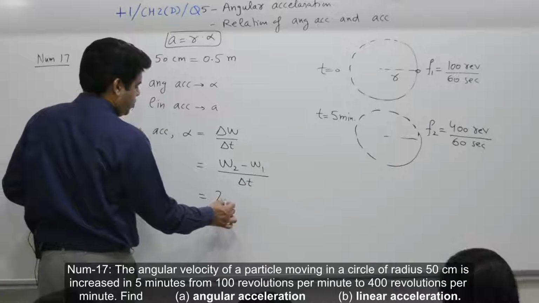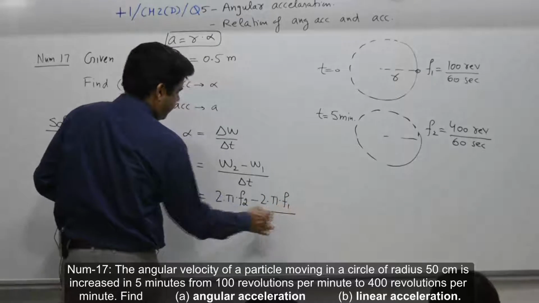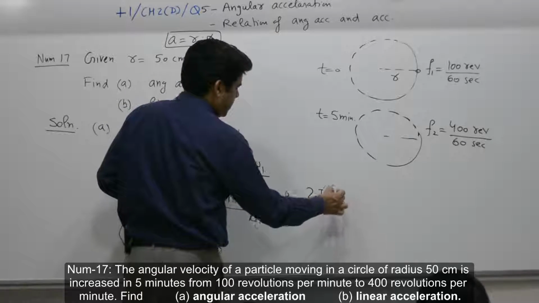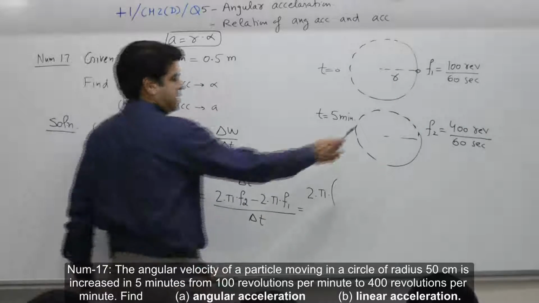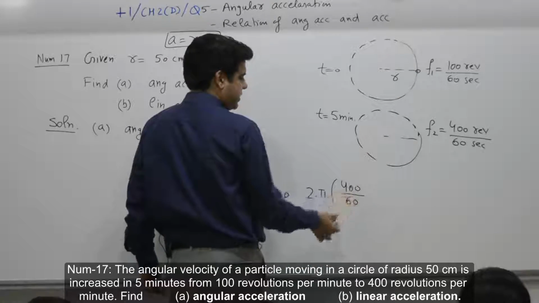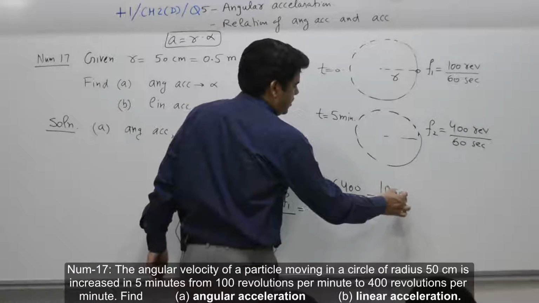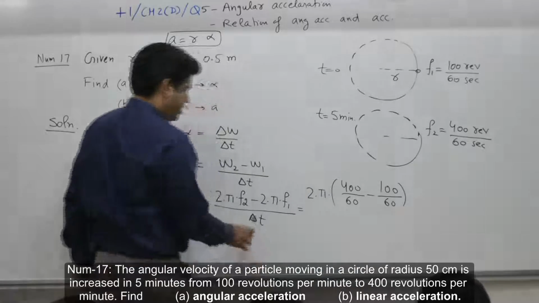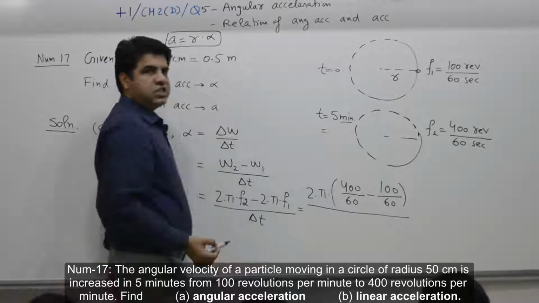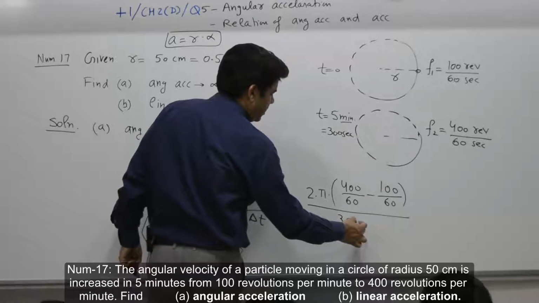It is equal to 2 pi f2 minus 2 pi f1 over delta t, where 2 pi is common. f2 is 400 rotations divided by 60 seconds, minus initial frequency f1, 100 by 60, divided by time taken. 5 minutes means 5 into 60, that is 300 seconds.